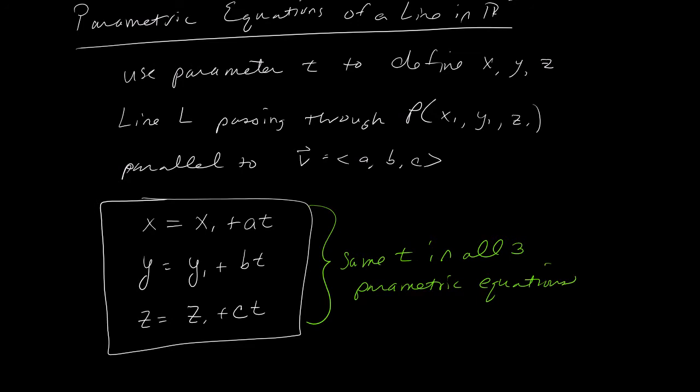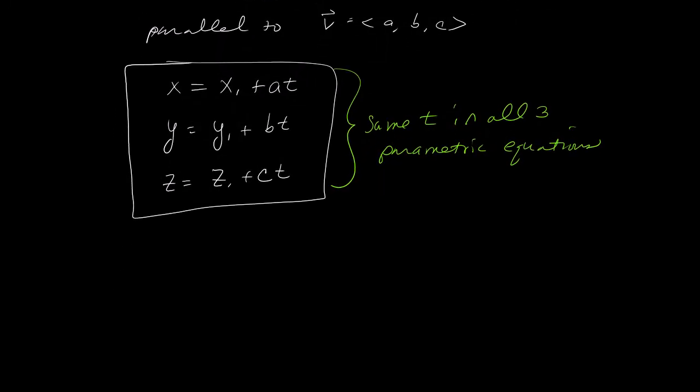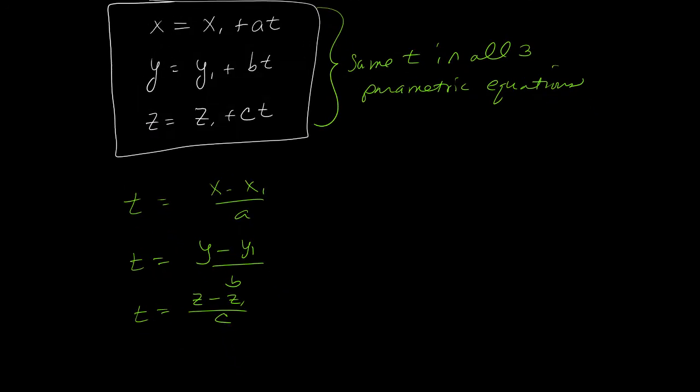Okay, so what we can do is solve all 3 of those equations for t. And then what we end up with is t is equal to x minus x1 over A, t is equal to y minus y1 over B, and t is equal to z minus z1 over C.